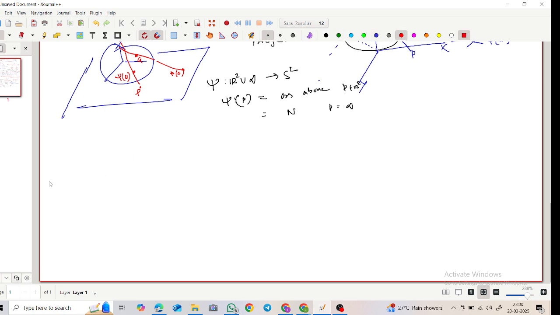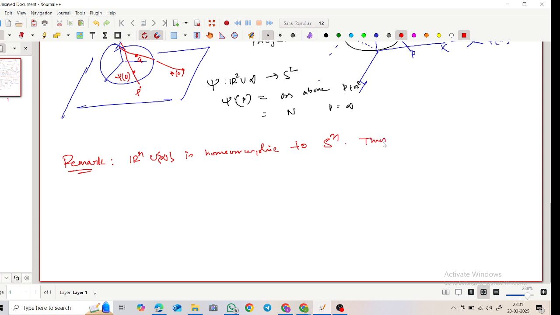Remark: Rn union infinity is homeomorphic to Sn.